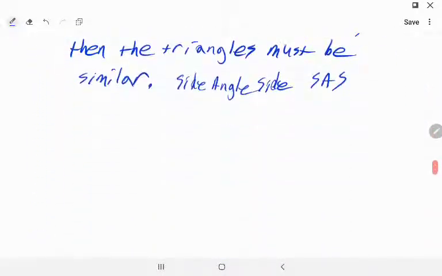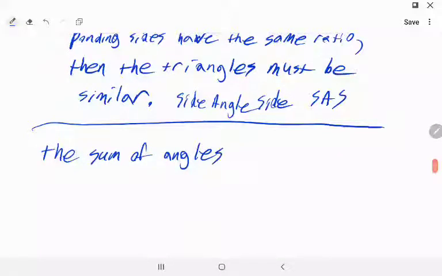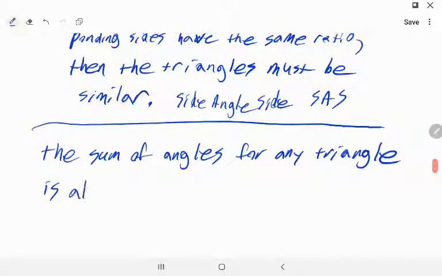So one more thing to mention is that the sum of angles for any triangle is always 180 degrees.